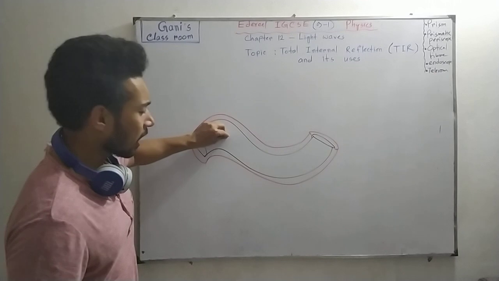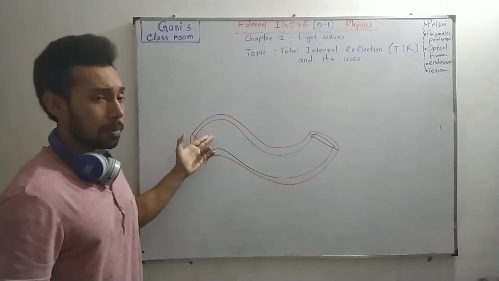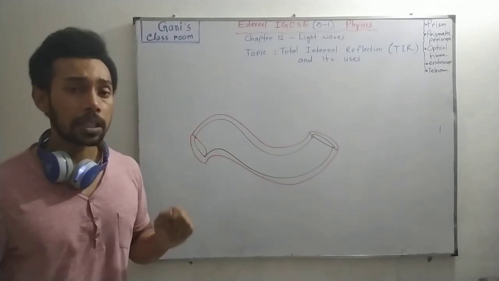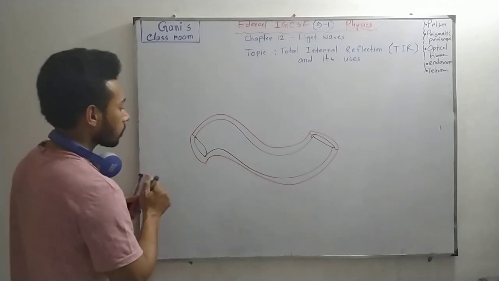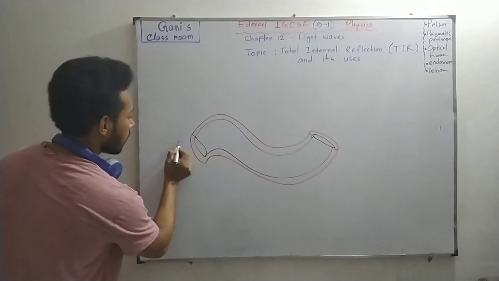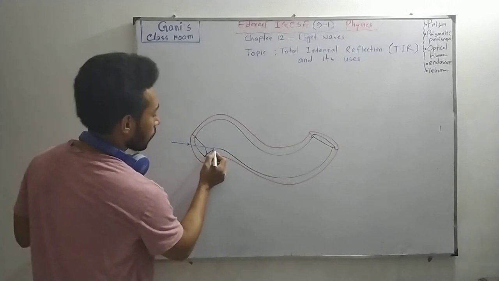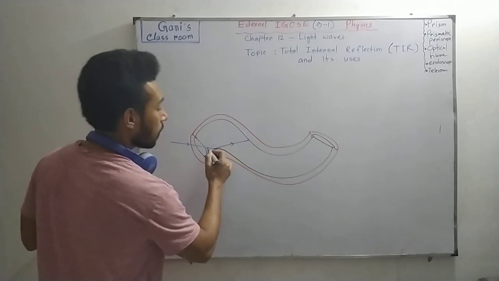Since the fiber is very thin, the light entering the fiber always strikes the boundary between the two media with an angle that is greater than the critical angle, therefore it is totally internally reflected.